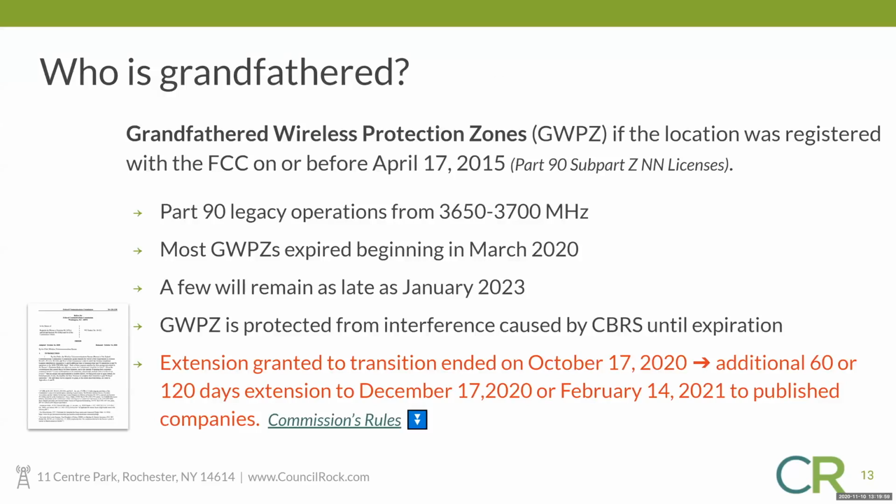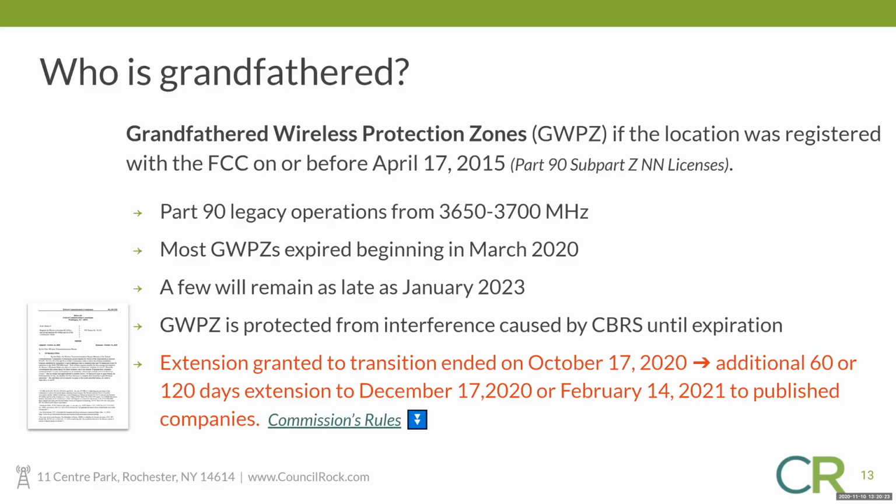I mentioned the grandfathered operators that have incumbent protection. Most of this information is not relevant to all of the operators, but like I mentioned, the FCC put a rule that expired on October 17 of this year.